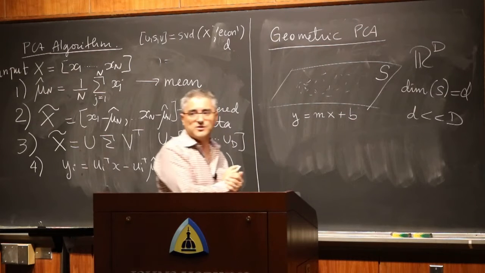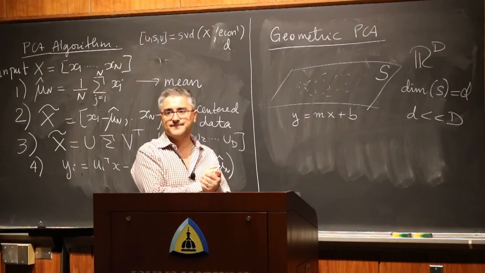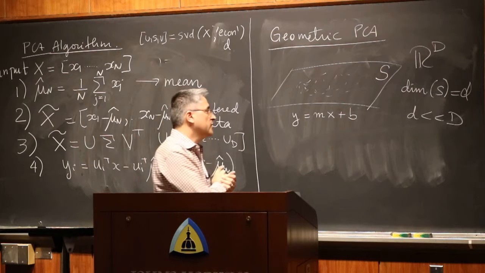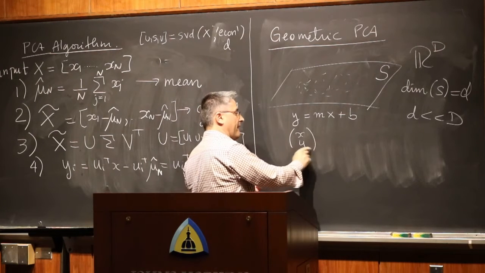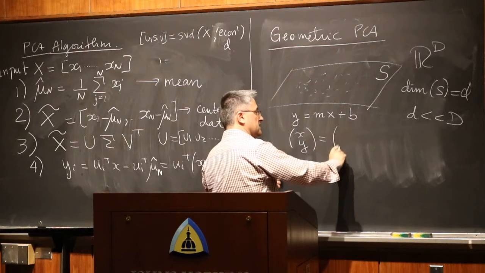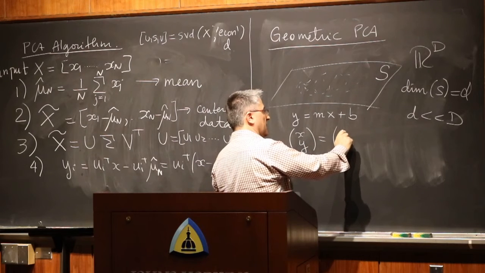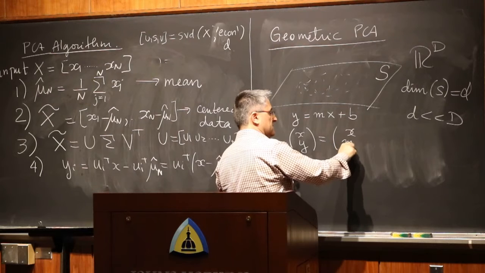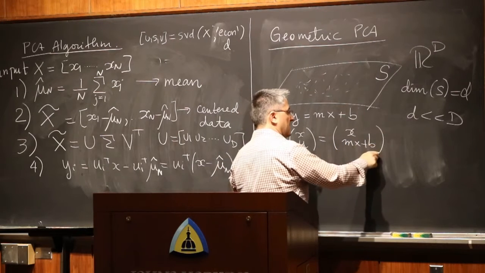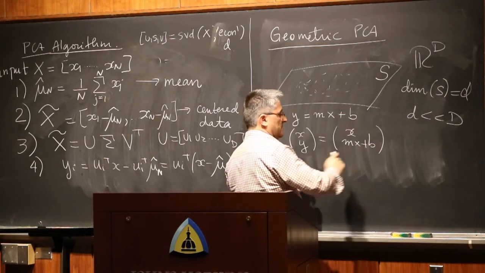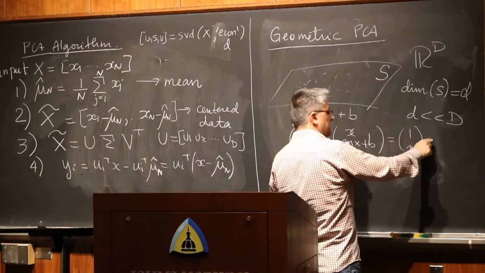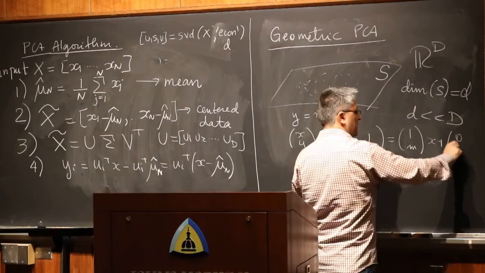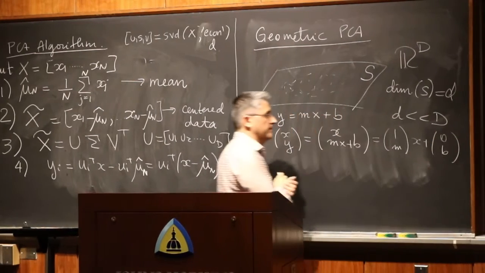You remember the equation of a line from kindergarten. Now, if you put together x and y here, this is going to be x, and now mx plus b. And this is something like (1, m) times x plus (0, b). Correct?